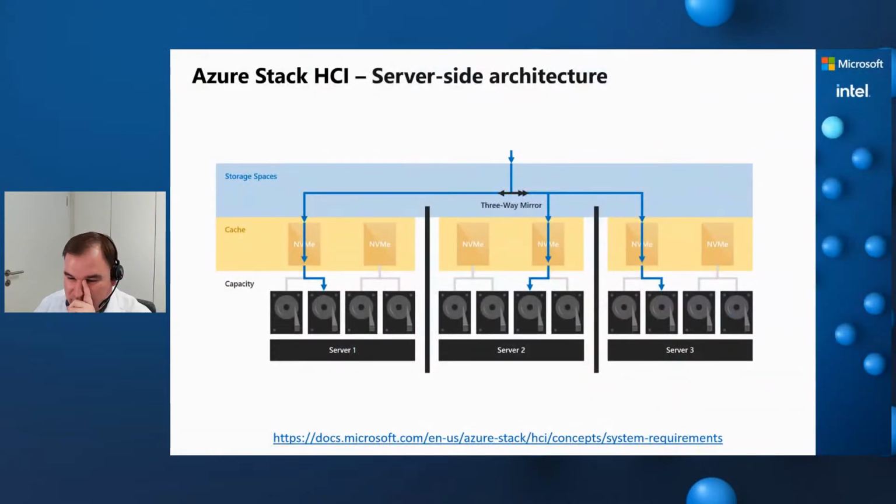When we go back to the architecture of Storage Spaces Direct, here we see a 3-node cluster. You have a 2-node cluster. In my demo, this is also a 2-node cluster. We have the situation that the drives are connected directly to the server via serial ATA cable or via SAS cable.